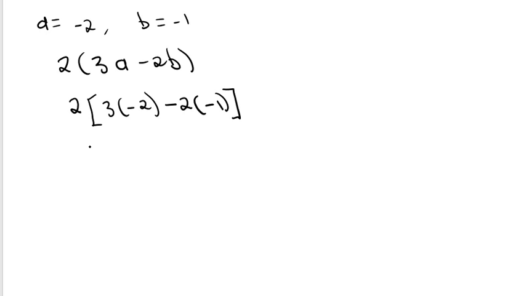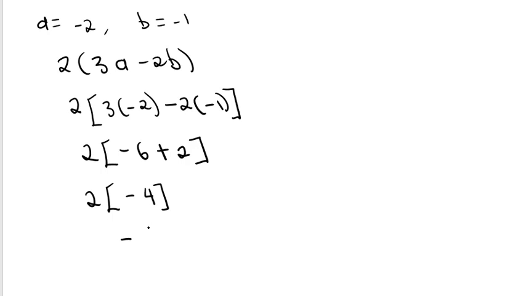So we simplify what we have in the bracket. This gives us minus 6. This one too gives us positive 2. So what we have in the bracket is minus 4. So in all, we get minus 8. So that is the answer to A.